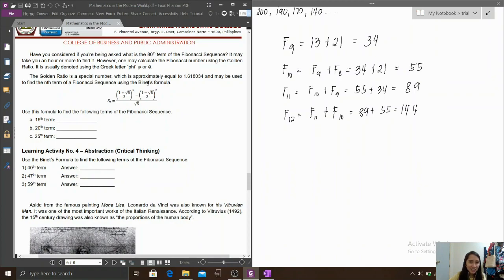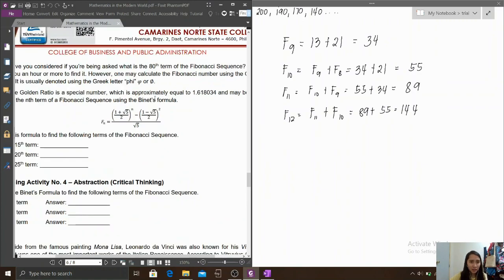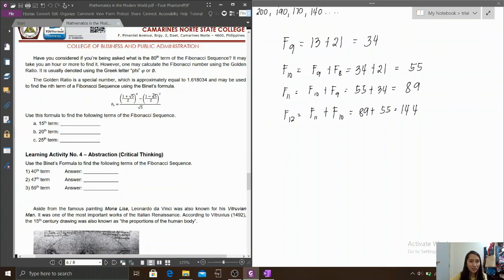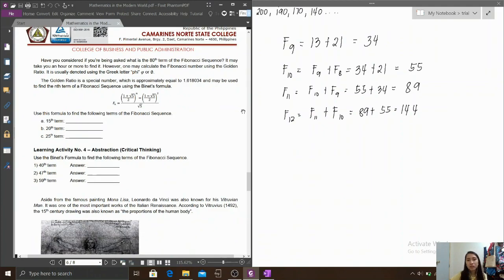So, this is a silent T. That's why we call this formula Binet's formula. So, we have a typographical error here. So, this exponent here should be 10 instead of 2. So, please take note.